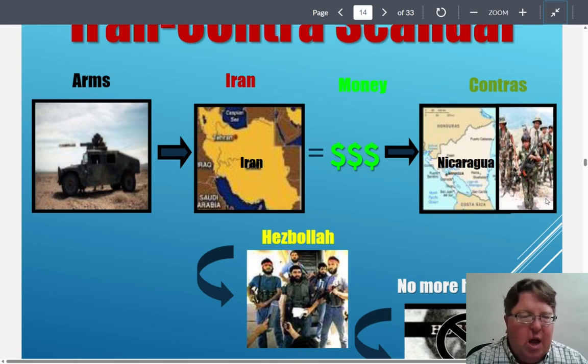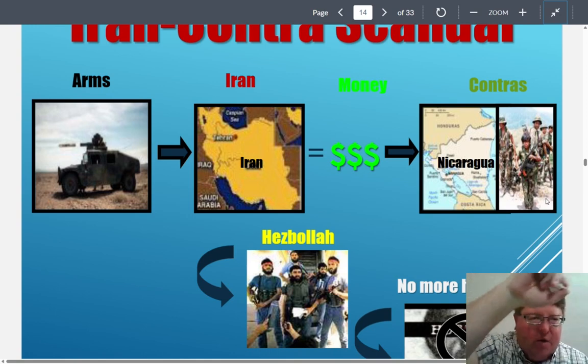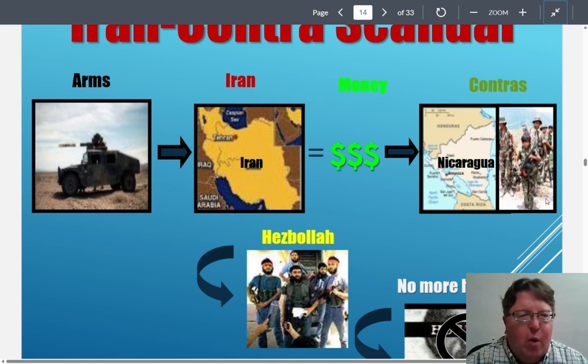Okay. Now, how does that help Iran? Why would Iran, which considers us the great Satan, do that? Remember, Iran is in the middle of a war with Iraq. They need the missiles. So Iran goes off. They use their missiles against Iraq. By the way, if your question is, was Iraq a pro-U.S. ally during the 80s? Yes.